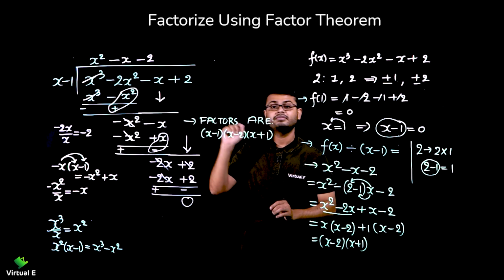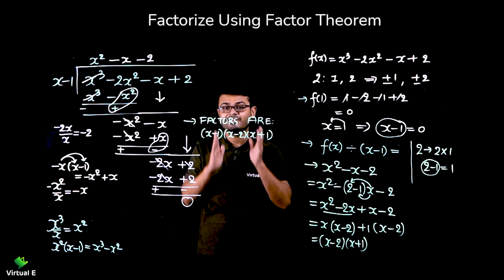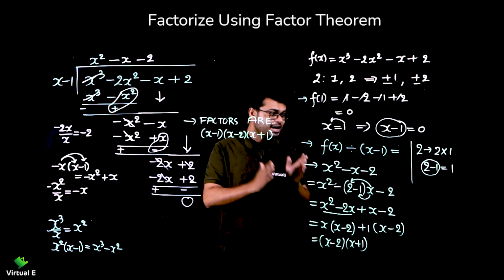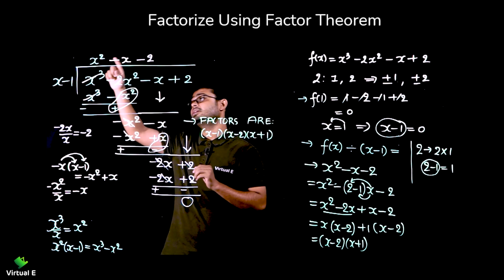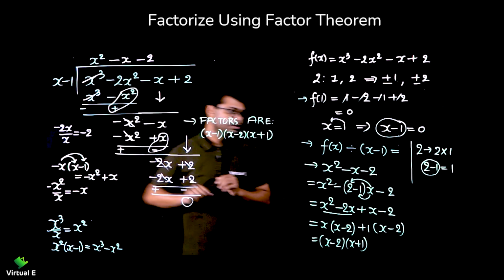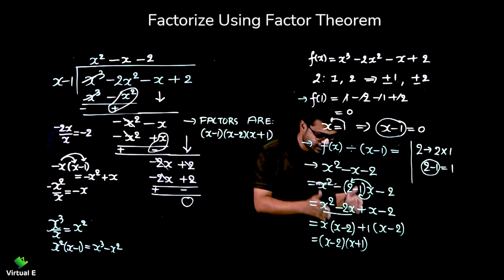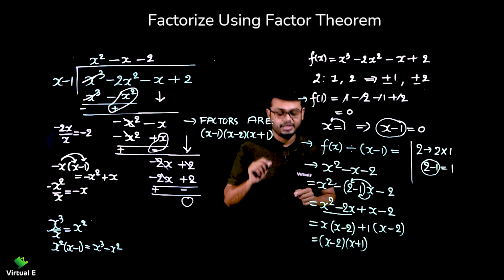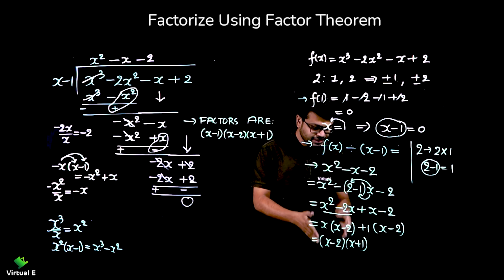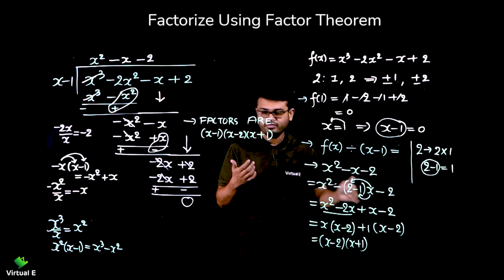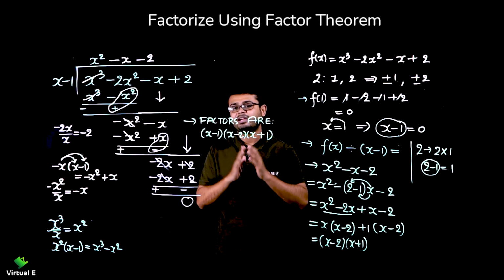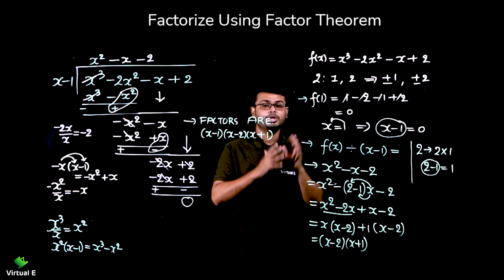Remember, the remainder will be 0 in this case because we are dividing the polynomial by its factor. Then what we are interested in is the quotient. So you get the quotient, factorize the quotient by middle term splitting, right? So we factorize it, so we get two more factors. One factor is already there and two more factors. That is the complete factorization of the cubic polynomial.